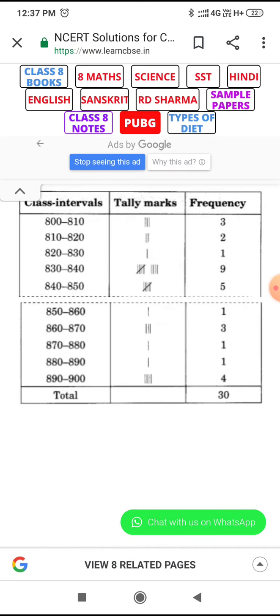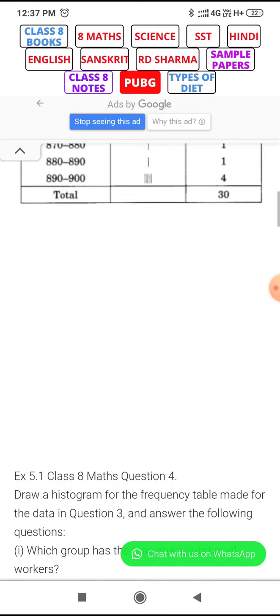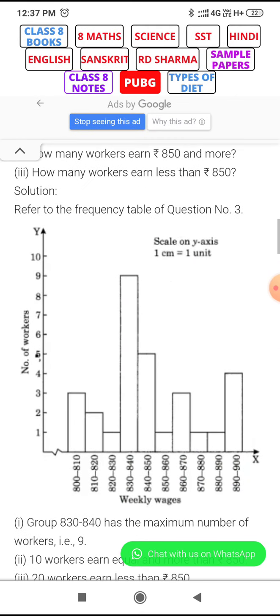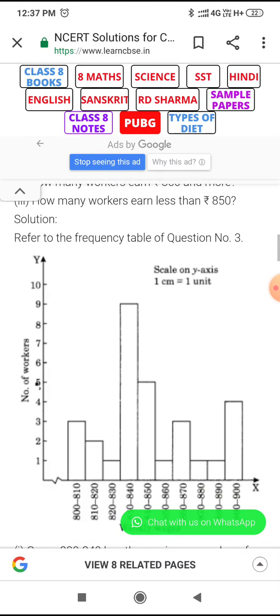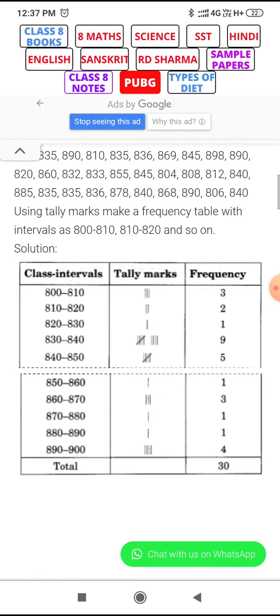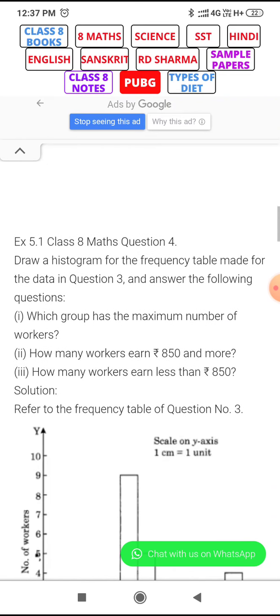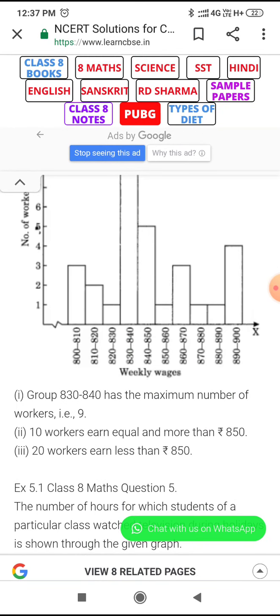In the class interval 850 to 860, only one worker is there. So we draw again a bar of 1 centimeter. In the next class interval, 860 to 870, 3 workers fall in this range. So we draw the next bar of height 3 centimeters.